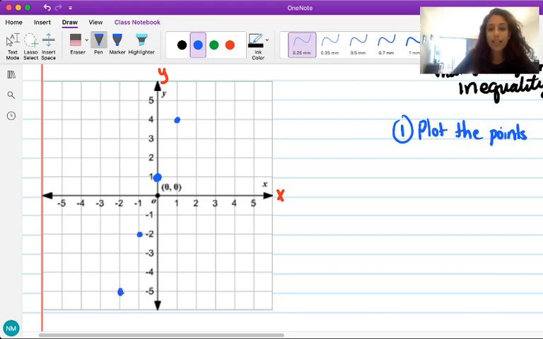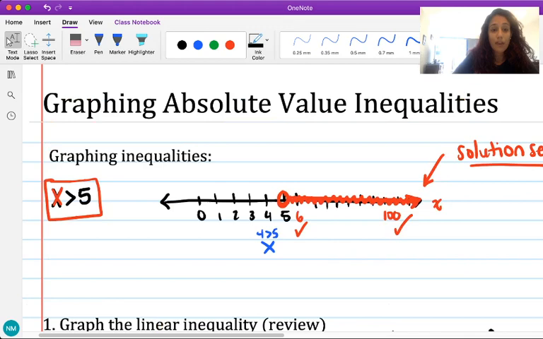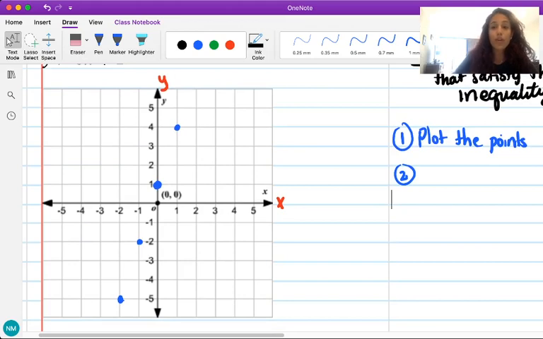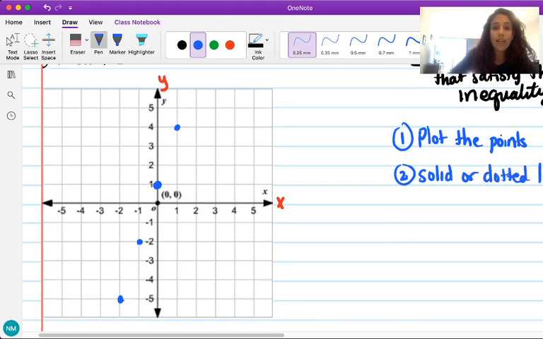Now, second, we're not going to draw the line just yet. You know how here, when we found the value, which was 5, we had to ask ourselves, is it open circle or closed circle? Same thing, except instead of open or closed circle, we ask ourselves, is it a solid or dotted line? It is solid when it is less than or equal to or greater than or equal to.